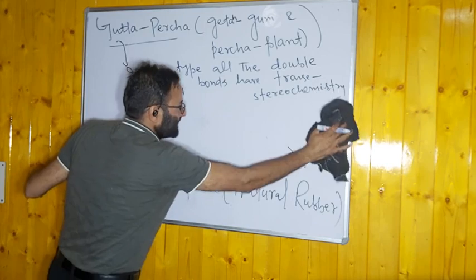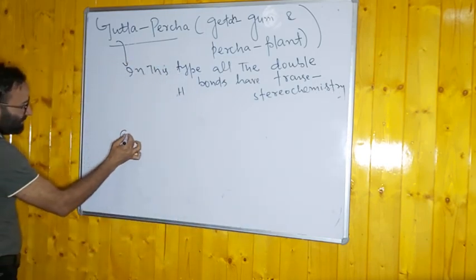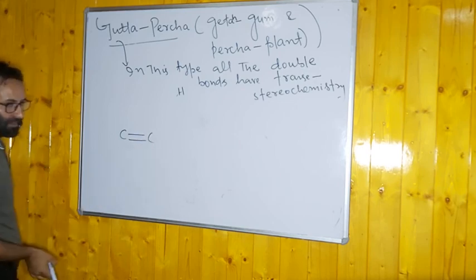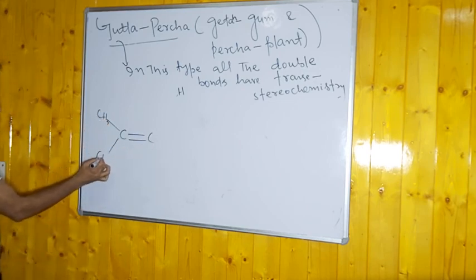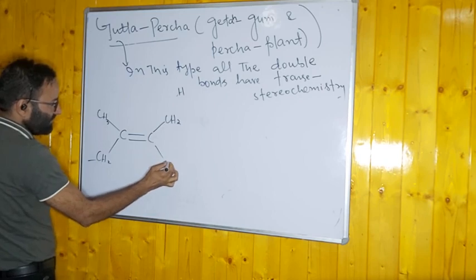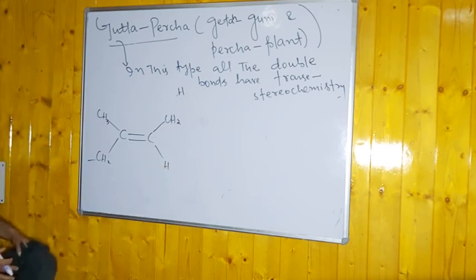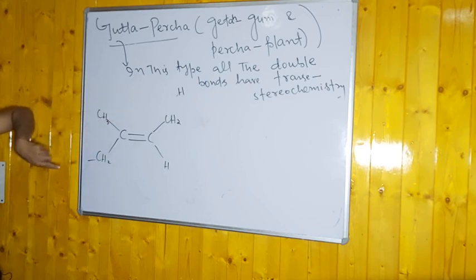Trans orientation in gutta-percha. You have this one, C double bond C. You will have CH3, you will have CH2. Now here on this carbon you have CH2 and we have H. What is clear? In this form, methylene groups are on the opposite side. It is trans orientation.